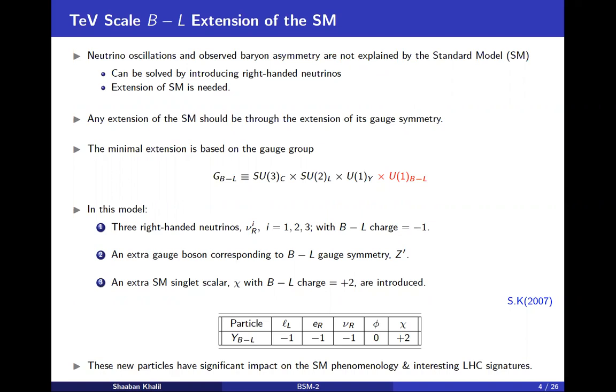So I think in 2008, with him, we decided to check this scenario at the TeV scale, and then we implemented it in even a supersymmetric version and proved that yes, it can be at TeV scales. Then the model became known as B minus L, and the supersymmetric B minus L is in the high energy physics tools, and a lot of work was done after that with my colleagues in the UK and so on.